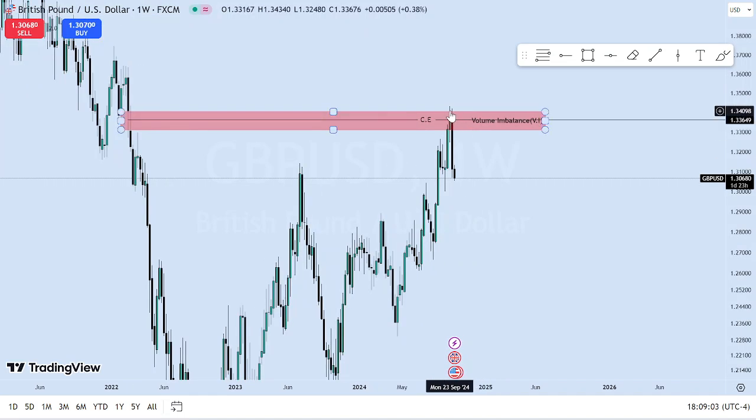You can see the wick is normal, but the body will give us the narrative of what we are looking for. It's not out of this shaded area. We close at the 50%, then open at the 50%, and we drop, showing that here is a major resistance level, a premium level.